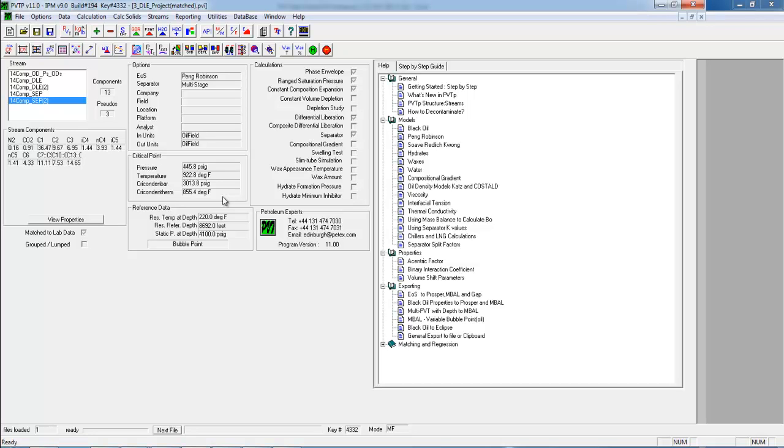This is related to your production. It's not your GOR in the PVT measurements. It's different. However, you will only have the same values here and here if your reservoir is above the bubble point. Then you will not lose any gas, and it will be the same.